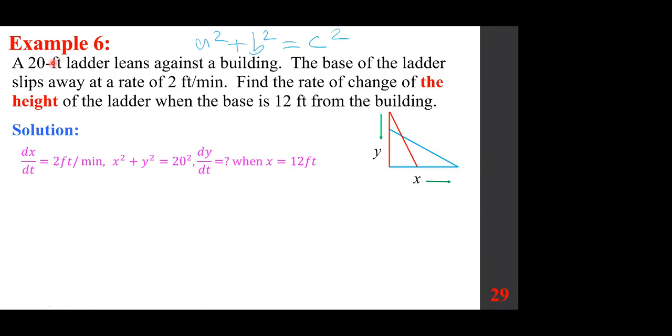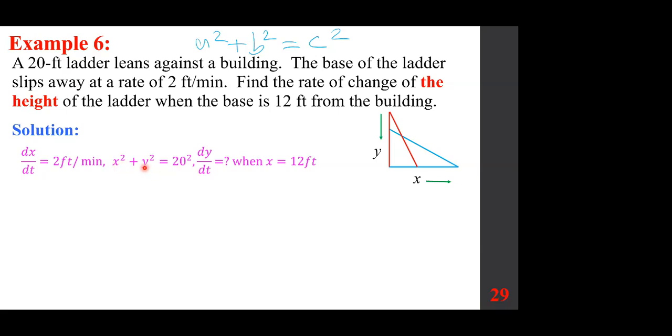So dx/dt is 2 feet per minute. x squared plus y squared is 20 squared. dy/dt is missing when x is 12. So what we are looking at is a simple case of, again, algebra, geometry, you name it. You should know the Pythagorean theorem. Okay. So with that being the case, all we have to do is know this formula and differentiate it.